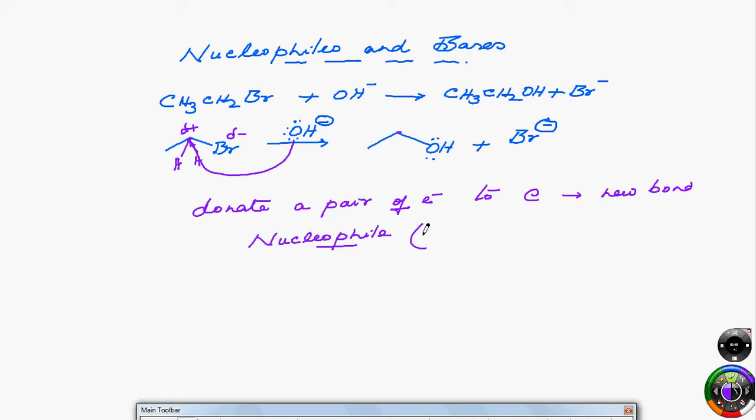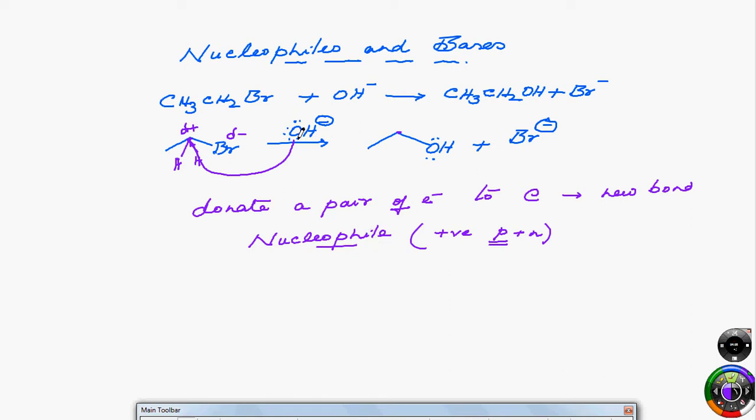Nucleus is positively charged, as we are aware, because of the presence of protons and neutrons. Neutrons are chargeless, protons are positively charged. So this species is nucleus loving. By phile we mean loving or attracted to.